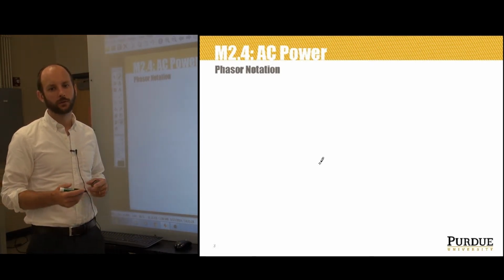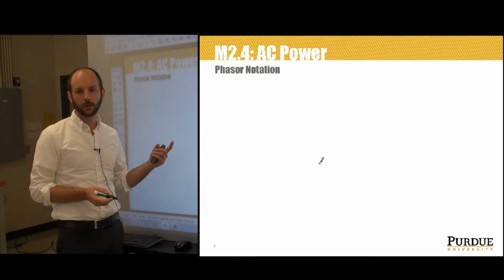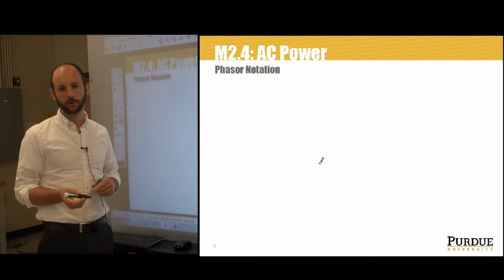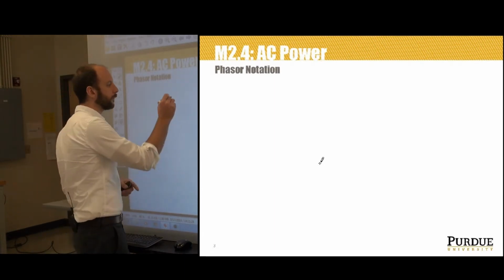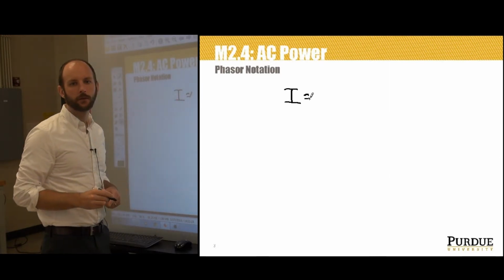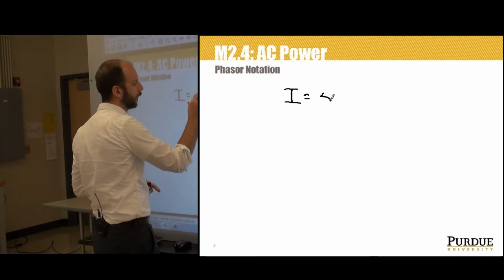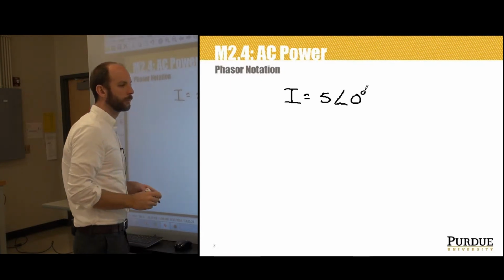So for example, if we were going to choose the time variant current function as the reference phasor, we're going to write the time domain current expression in phasor form as I is equal to 5 at an angle of 0 degrees. Right?